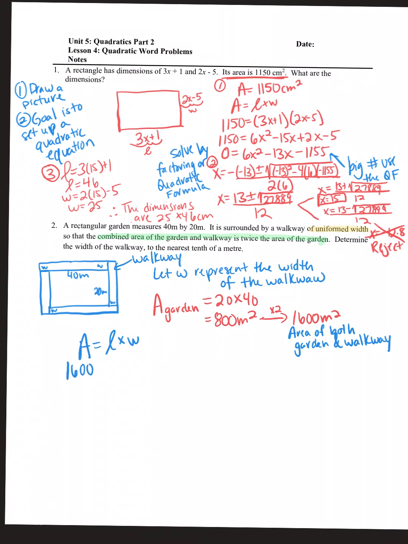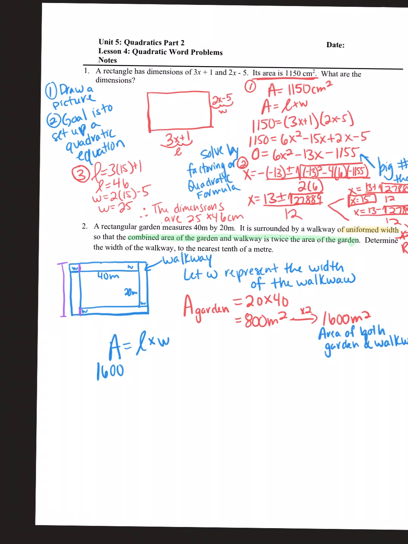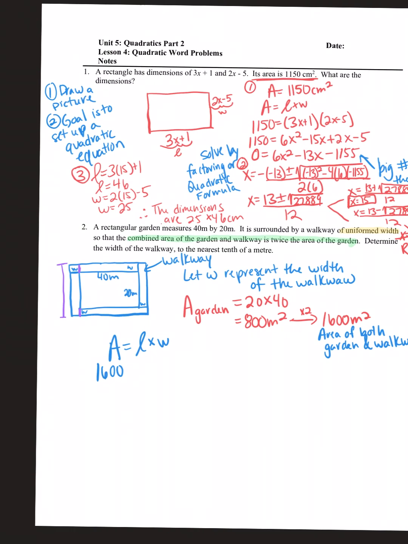If we try to represent what our width will be, from here to here, we know that it's 20 meters, but then we also have this uniform walkway that's W and that's W. So we have to add those two W's to the 20 meters. So we could say that this is 20 plus 2W, right? Because we have W here and we have a W here. So it's 20 plus 2W.